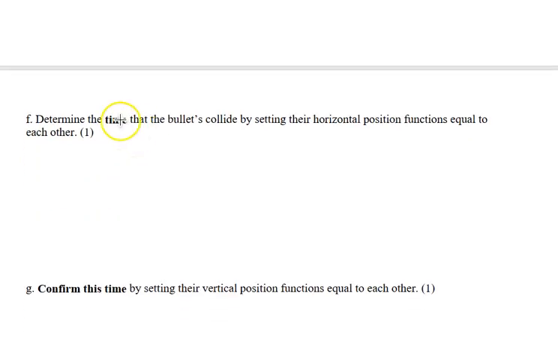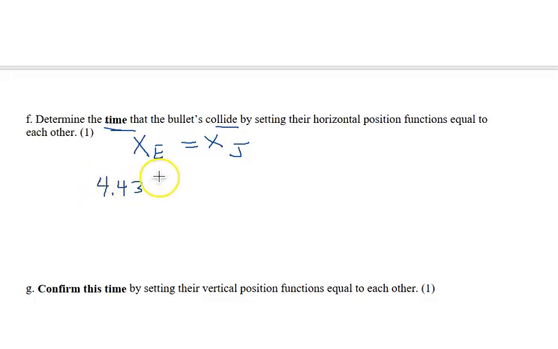So, review question, collision. Find the time that they collide by setting the horizontal position functions equal to each other. All right, so let's try that. Remember, to show your work, x of Emma equals x of Julian. I think I flipped them on the key.